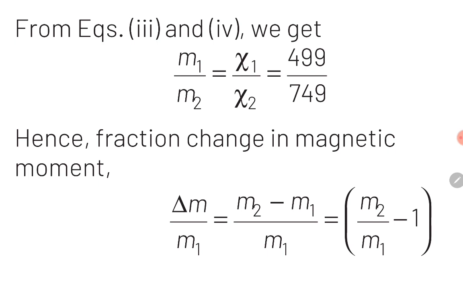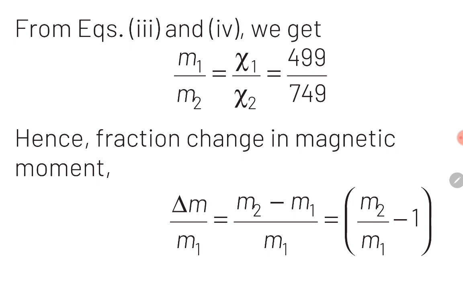By substituting the values of chi1 and chi2, we will obtain the equation as m1 upon m2 is equal to 499 divided by 749. Now in this question, we need to find fractional change in magnetic moment. This fractional change will be equal to change in magnetic moment divided by original magnetic moment.